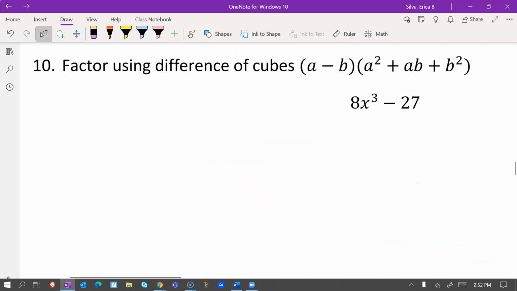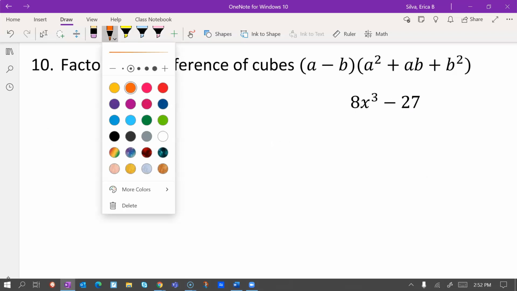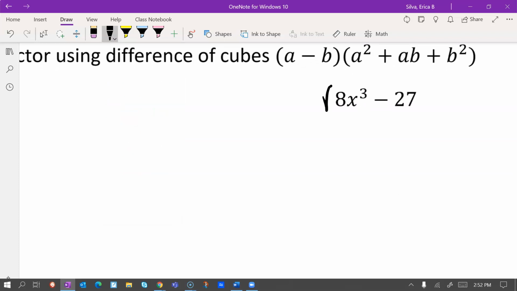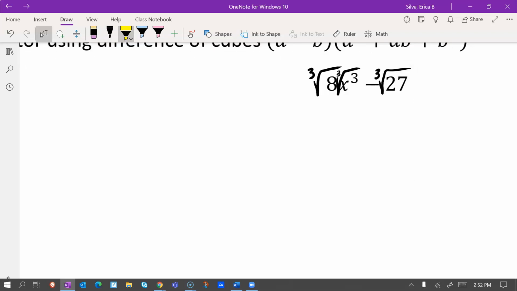Now this is factoring using the difference of cubes. If you guys remember, to factor the difference of cubes, we want to do the cube root of each number.